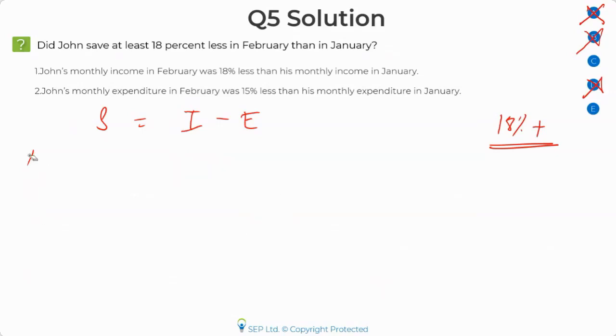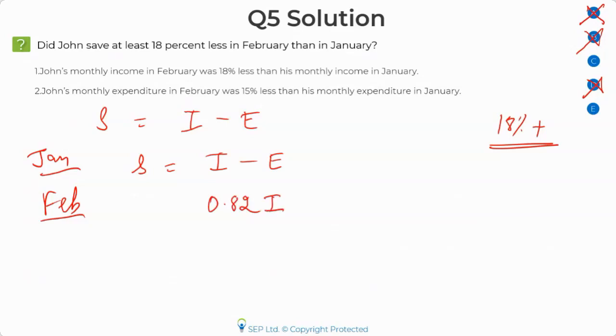So let's look at January. Let's assume that in January the savings was S, the income was I, the expenditure was E. What happened in February? I know that in February the income reduced by 18%, so the income in February was 0.82 times I. And the expenditure in February was 0.85 times E. So what was the saving?